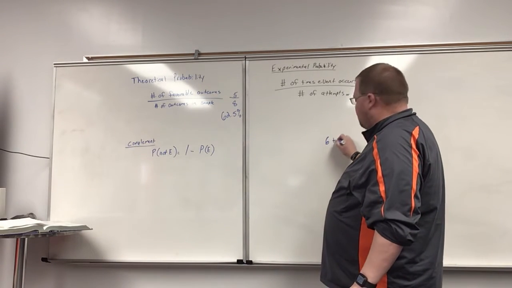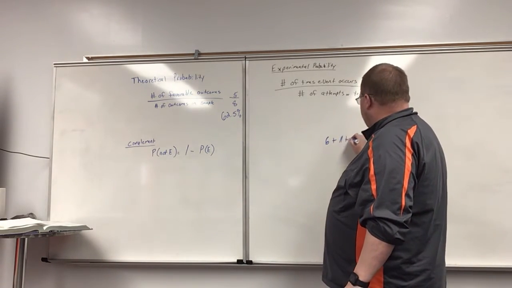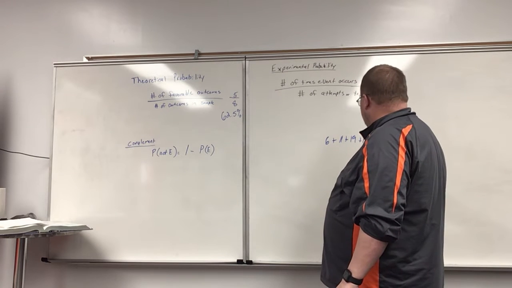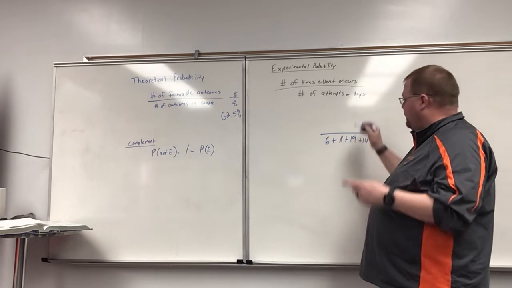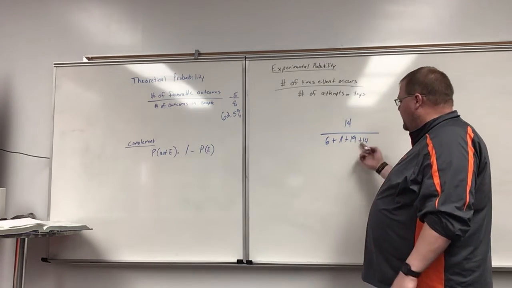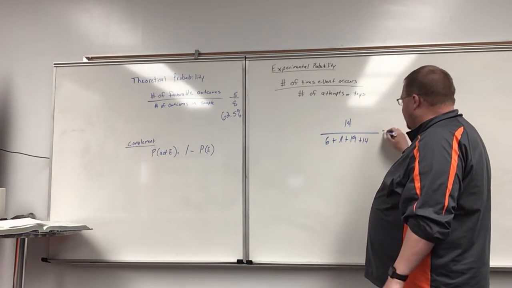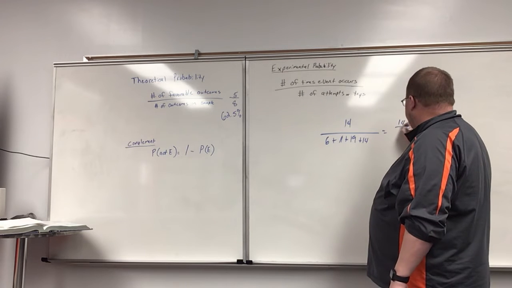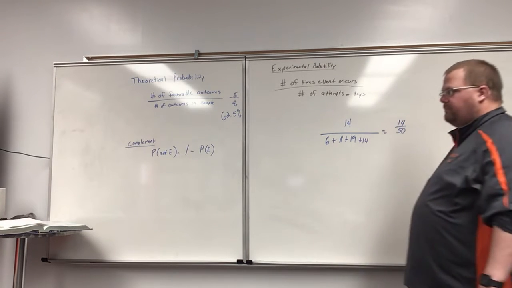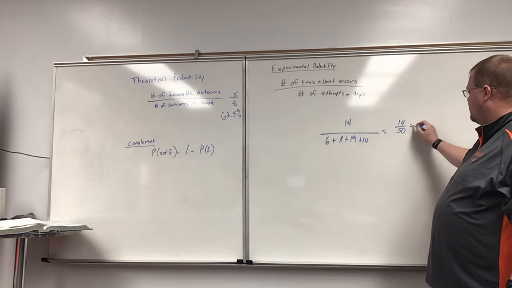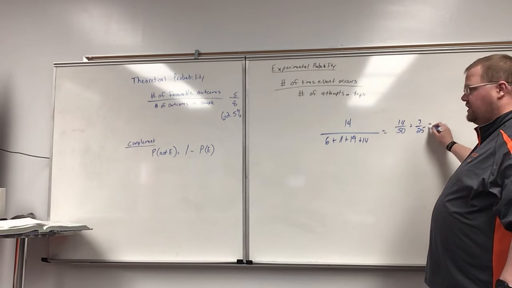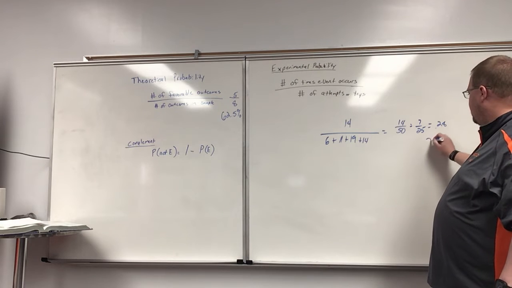So 6 plus 11 plus 19 plus 14, all under, and how many times do we get a 4? 14. So we add this up and we get 14 out of 50. We reduce to 7 over 25, which is 0.28 or 28%.